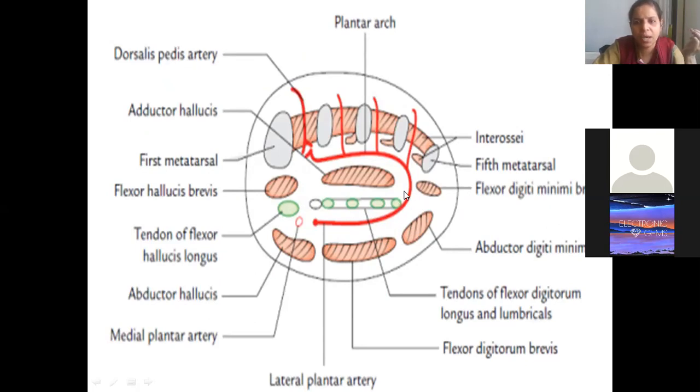You can see how it is turning, and over the dorsum we have the dorsalis pedis artery. This round arcuate artery goes and joins the dorsalis pedis artery. So this is the plantar arch. Do you have some idea?